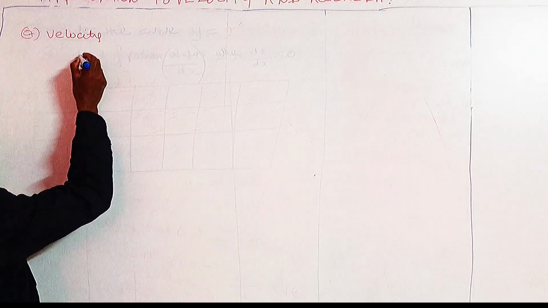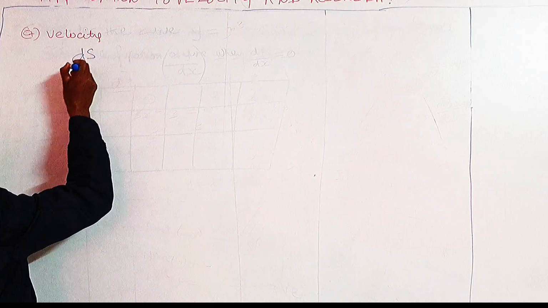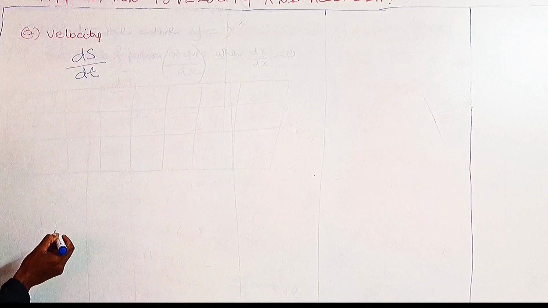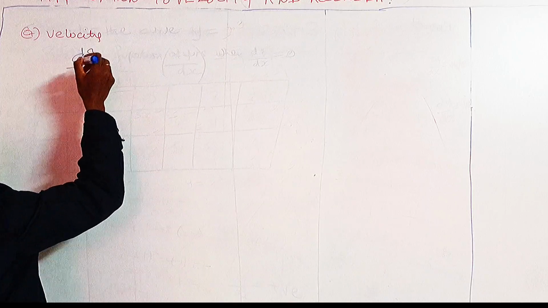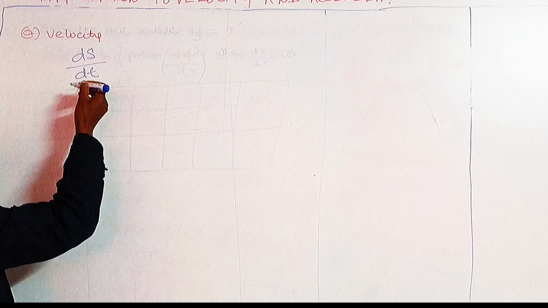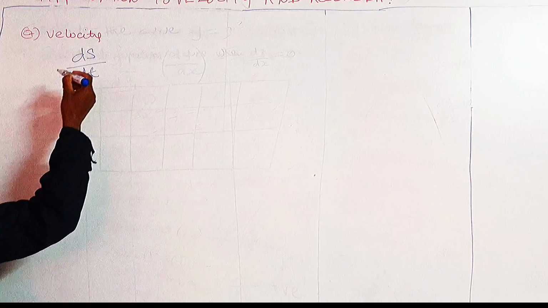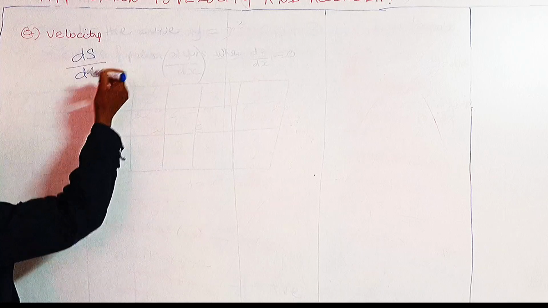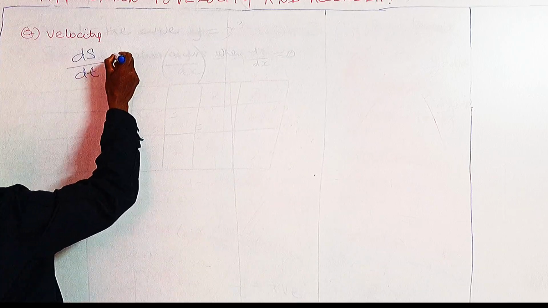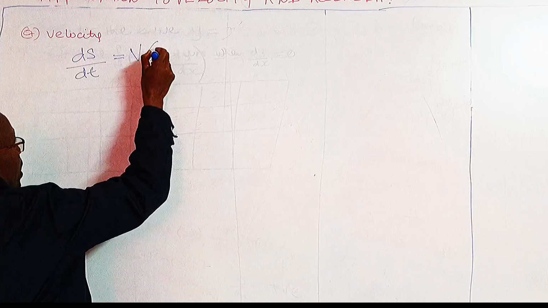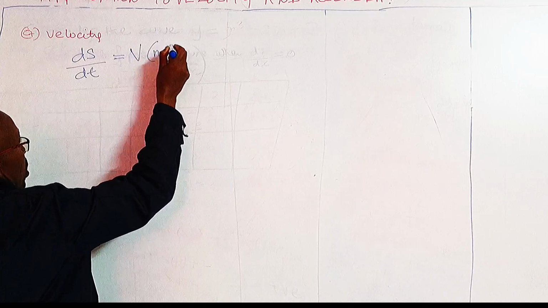That's what we refer to as ds/dt, where s stands for distance and t stands for time. So this is our velocity, and it is usually written in meters per second.